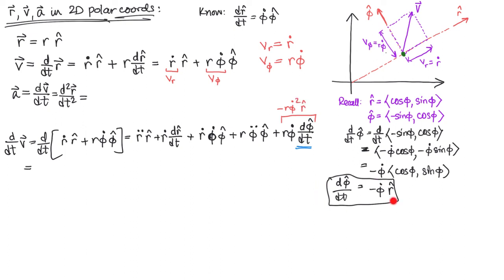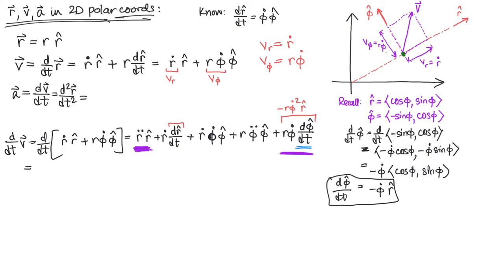So we're making use of this identity, plugging it in here, and we end up with that. So in purple, I'm going to highlight all of the terms that involve r hat. There's two of them. And then we have three terms that involve phi hat.